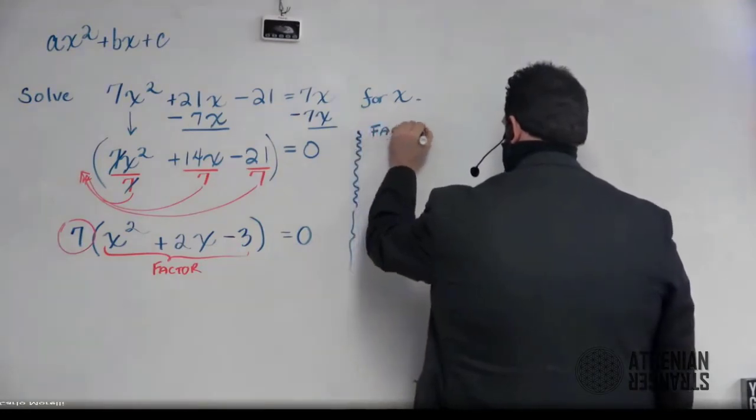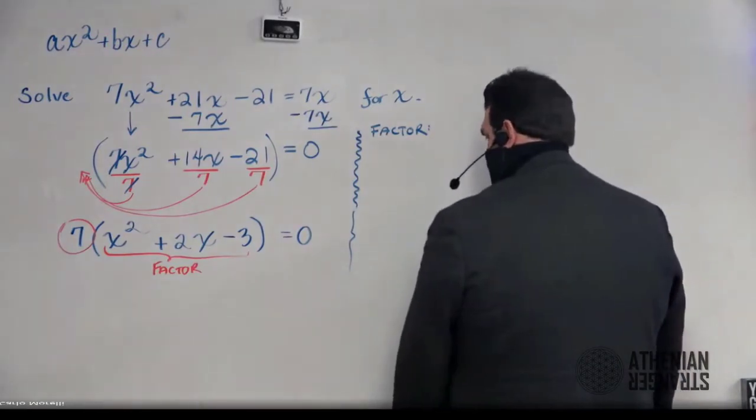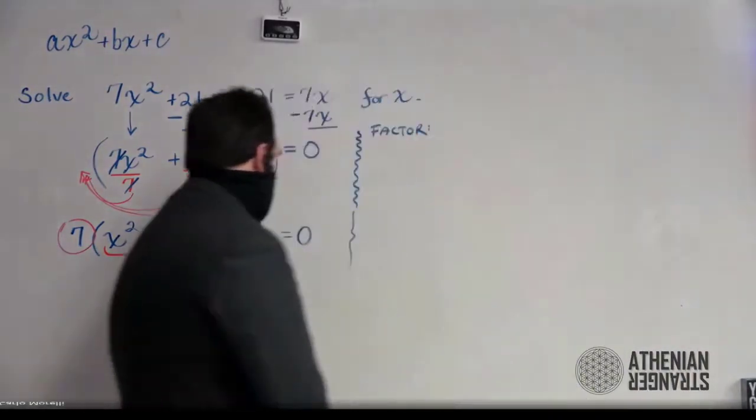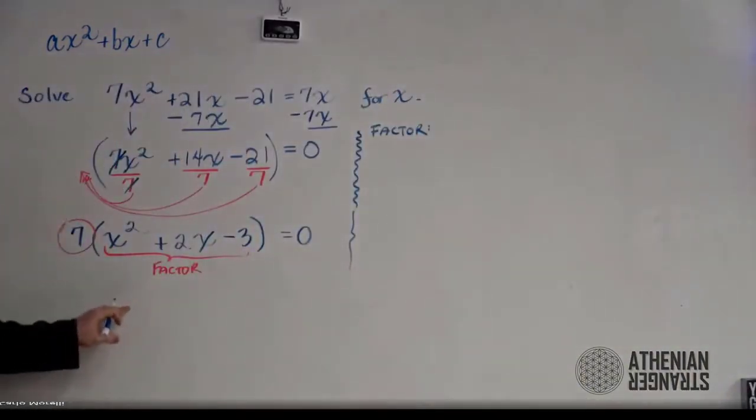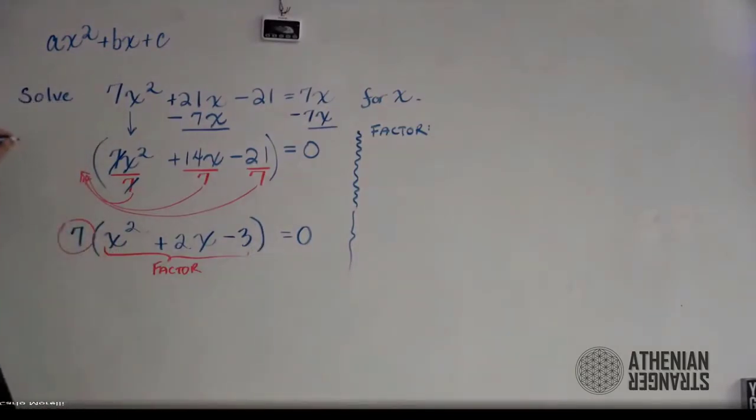Factor. Okay. We need to identify A, B, and C inside the parentheses. A, B, C: 1, 2, negative 3.